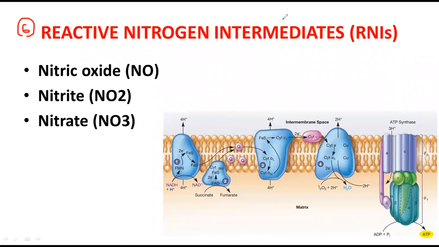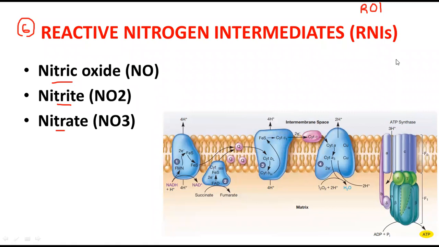The reactive oxygen intermediates, the ROI, I discussed in the previous video. Immune cells can also produce reactive nitrogen intermediates in the form of nitric oxide, nitrite, and nitrate, and these can kill the microorganism. How they kill the microorganism, I will now discuss.